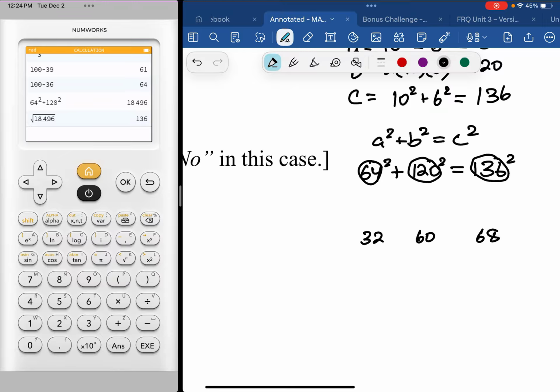I would check to see if this is also a set of values that would satisfy the Pythagorean theorem. And it does check out. So I could go further. 16 squared plus 30 squared is equal to 34 squared.